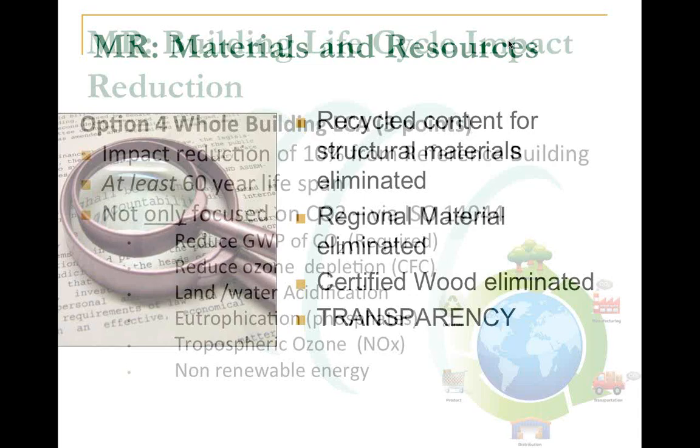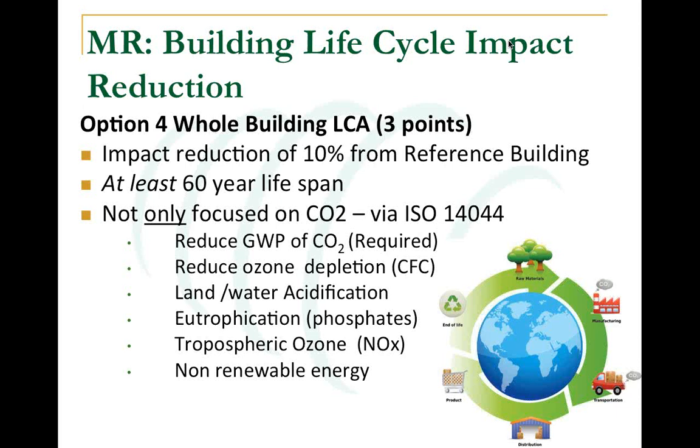One of the major changes in the materials and resources section is this new credit called Building Life Cycle Impact Reduction. And this will be important in a moment when I explain later. Essentially, they will take a reference building, a standard building if you're building an office building, and ask what a standard building would mean in terms of its environmental impact.